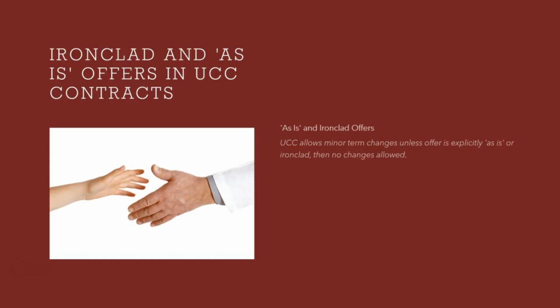Otherwise, they essentially give the offeree a chance to get out of this and not form a contract if they don't like the changes. So you're not stuck with it if they make little changes. It won't happen. It's ironclad or as is. If the offer for the contract is made specifically as is, I'll sell this car as is or this house as is, the offeror is essentially saying, take it or leave it. Here's what it is.